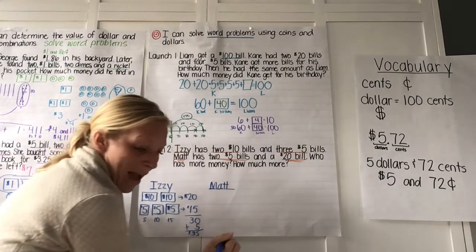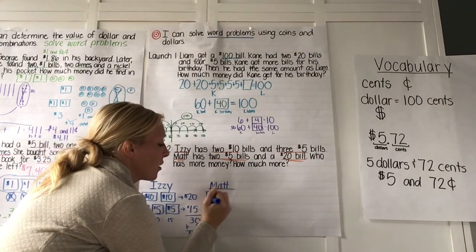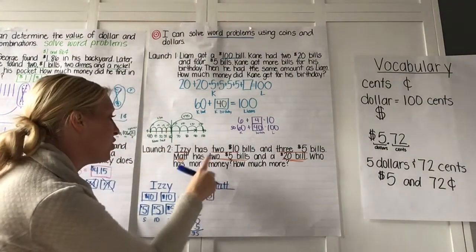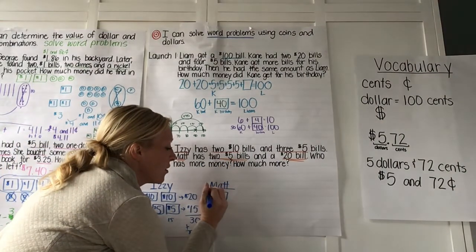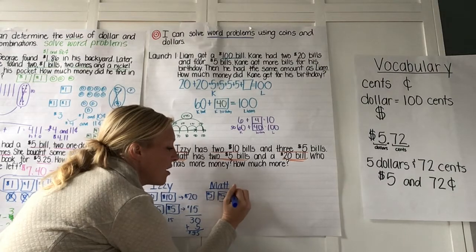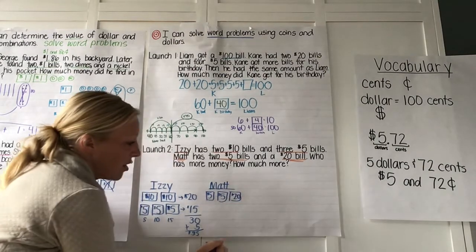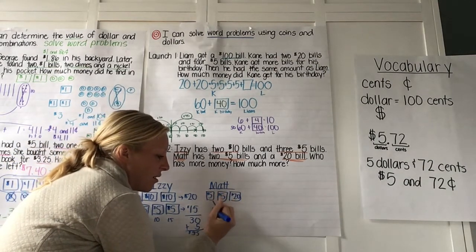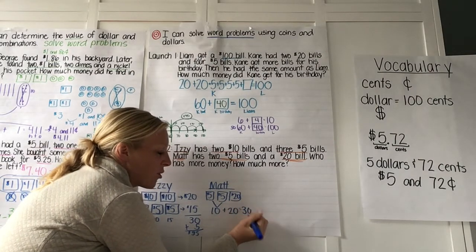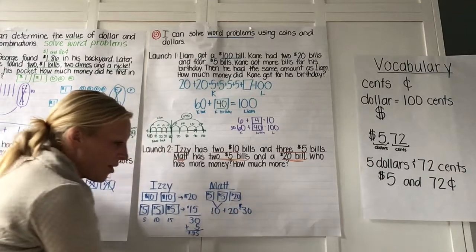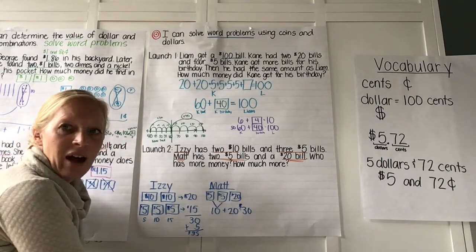All right, what about Matt? He said he had 2 5s, and he had a 20. Okay, and so what did you notice about that? 5 and 5 is 10, and 20 equals 30. So Matt had $30, Izzy had 35.